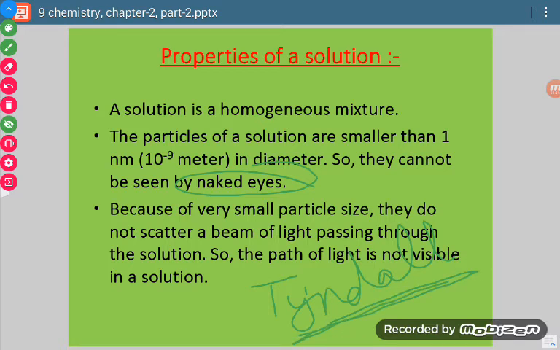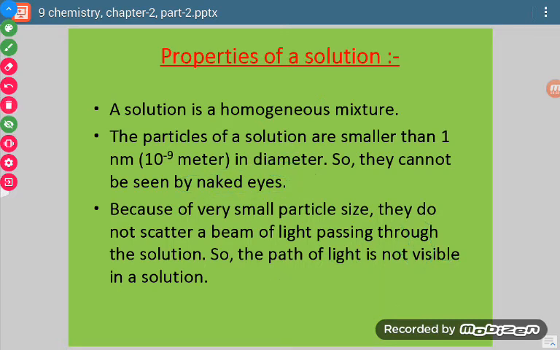Now what is this effect? This effect means the scattering of a beam of light when it is passed through a particular solution. That solution is not a true solution, the solution about which we are talking. If it is a colloidal sol or a suspension, then those substances can scatter a beam of light when light is passed through them.